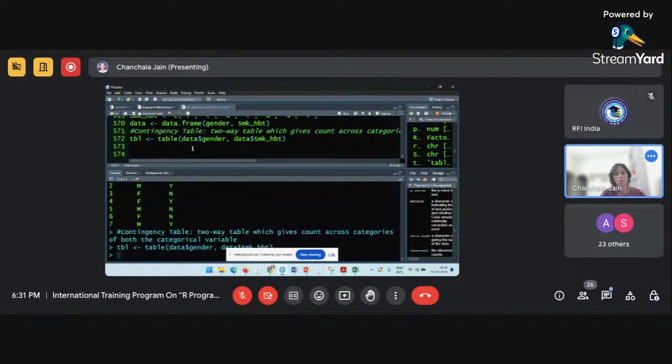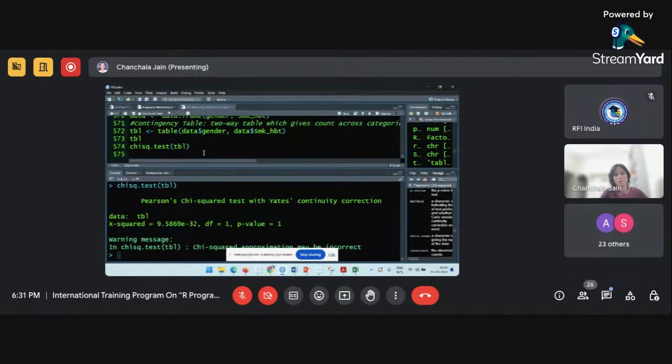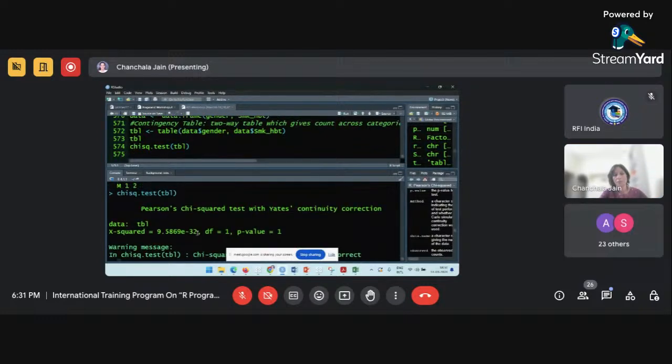You can call it and you can see your table is like this. Fine. Now we will perform chi-square test using the function chisq.test. Inside that you need to only pass this contingency table, and you can find we are getting the answer. P value is 1.